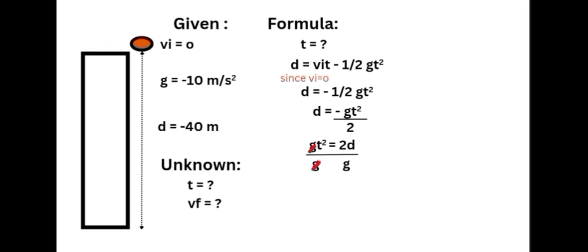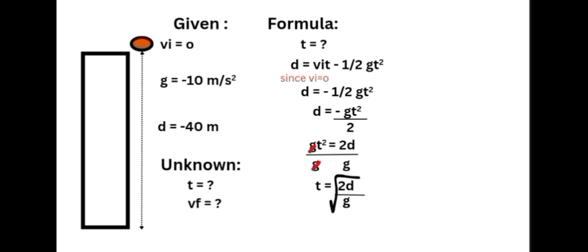That makes the equation t squared equals 2d over g. So that means the square root of t squared equals the square root of 2d over g. So finally, we now have the equation for time as t equals the square root of 2d over g. So that is our right formula for time.